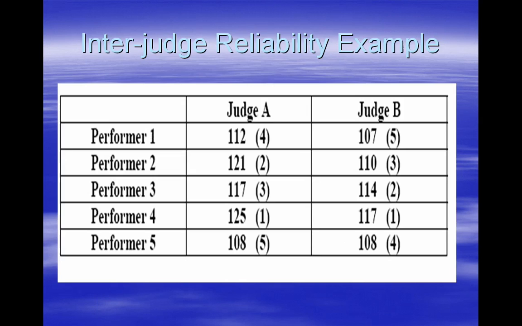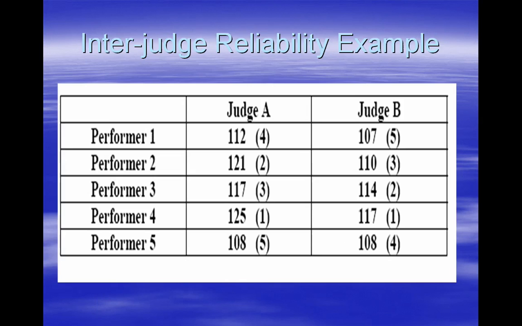So you can see 125 from our example is in fact the highest score that Judge A awarded, and 108 from Performer 5 was the lowest score Judge A scored. And in B, you can see there are some differences.